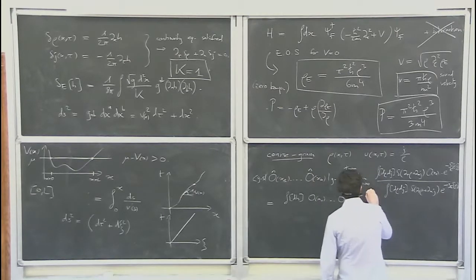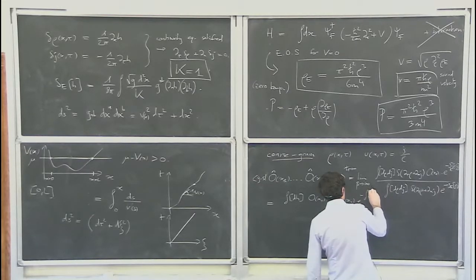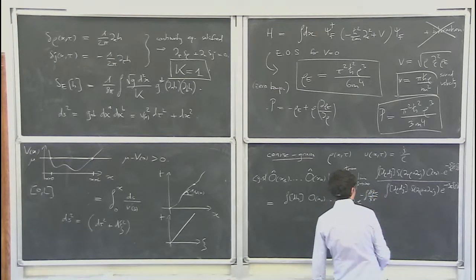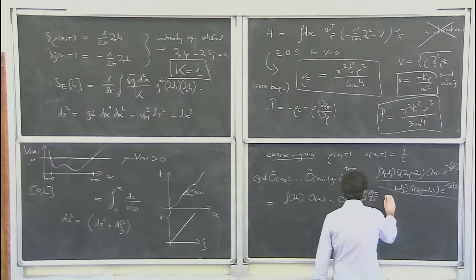Let me write it in coordinates xi and tau: the integral d2 xi over 8 pi of the gradient of h squared.